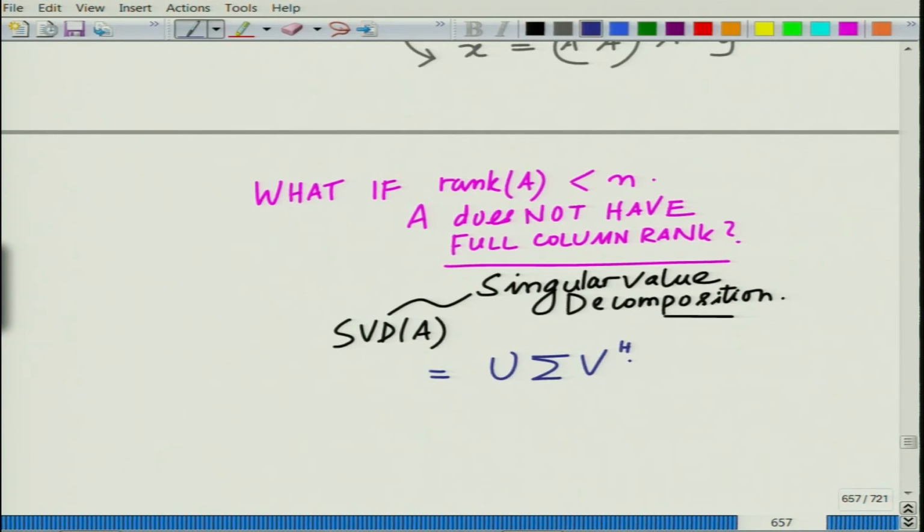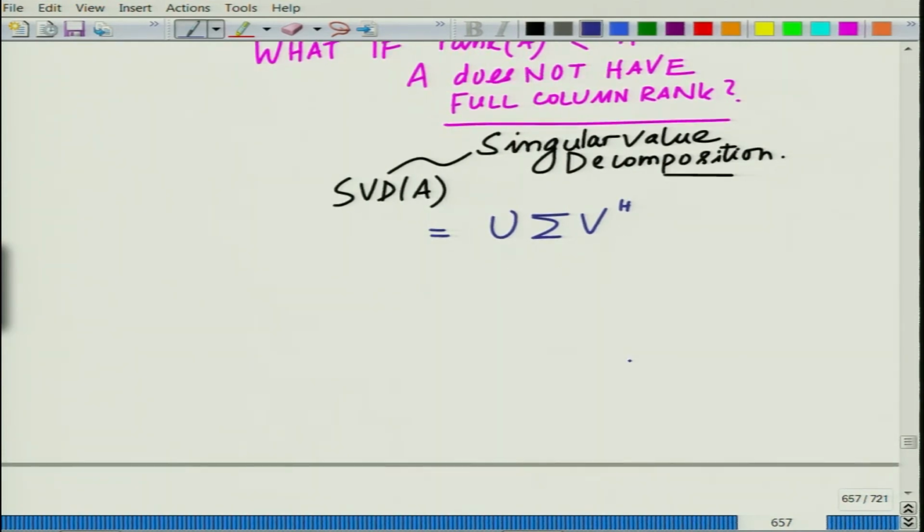This is U sigma V Hermitian, where if you remember, for a tall matrix U is given as an M cross N matrix, this V will be an N cross N matrix and sigma will be an N cross N diagonal matrix.